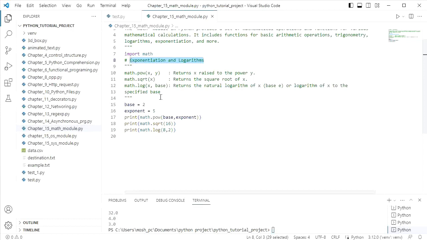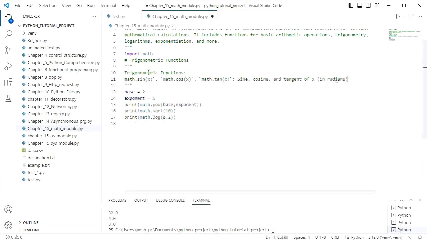Alright, now we will know about trigonometric functions. Let's see the example.